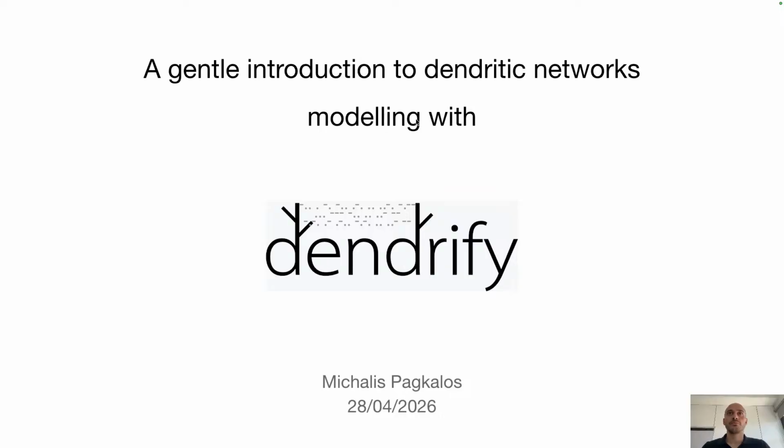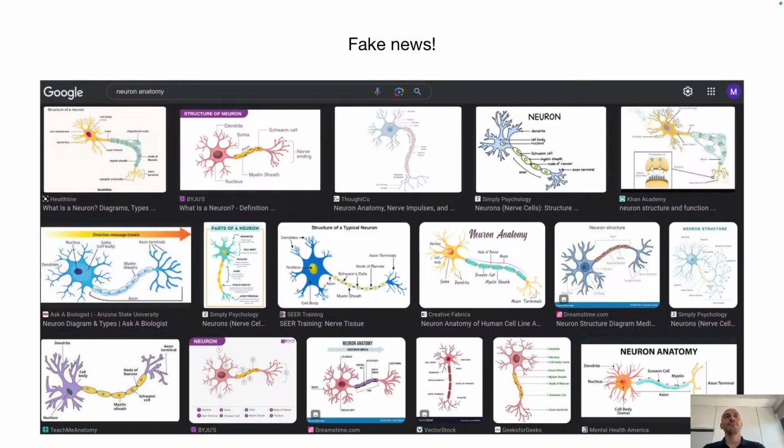So, if you ever Google neuronal anatomy, what a neuron looks like, you're going to see a picture like this one. You're going to see a huge soma, a huge axon, and some small dendrites just to show that we have some dendrites. This indicates that the focus has shifted away from dendrites in our understanding of neurons.